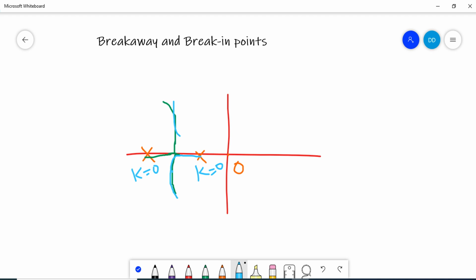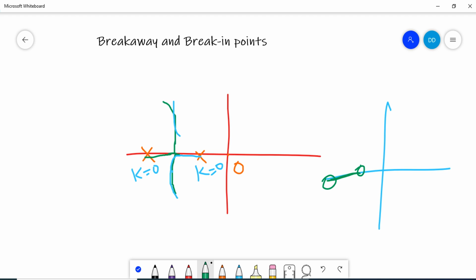Instead of two poles, say you have two adjacently placed zeros on the real axis, and this is a part of the root loci, then there exists a minimum of one break-in point between the adjacently placed zeros. So if there is a zero on the real axis and to the left of that zero there is no pole or zero, then there exists a minimum of one break-in point.